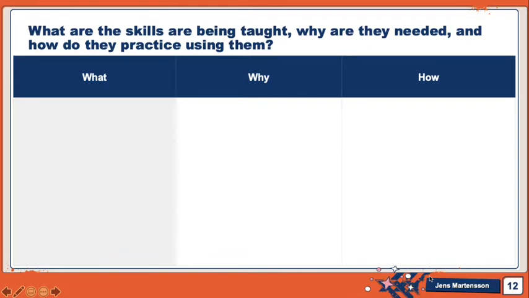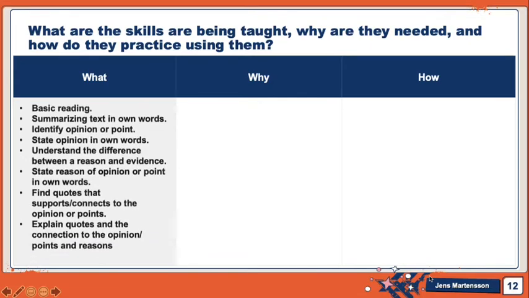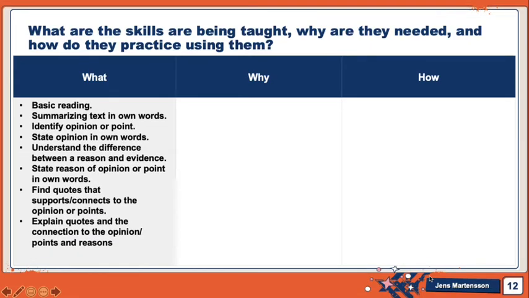What skills will students need for this? Again, basic reading skills they will need. They will need to be able to read the text, be able to understand what's read. They should be able to summarize a text in their own words using 1 to 2 sentences. They should be able to identify the opinion or the point. They should be able to state the opinion in their own words or the point in their own words.